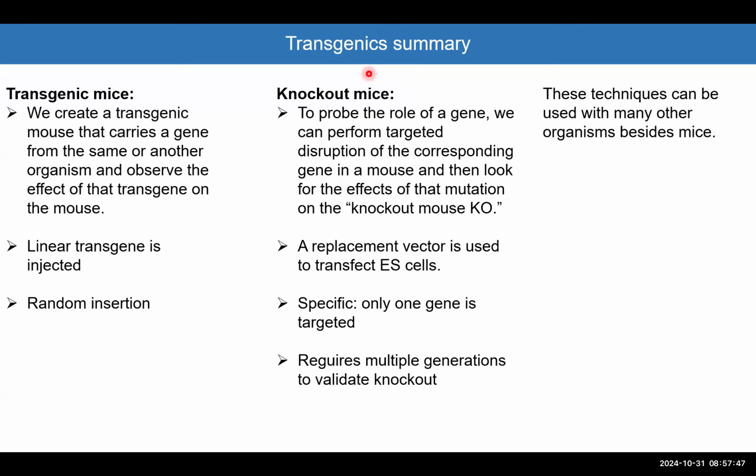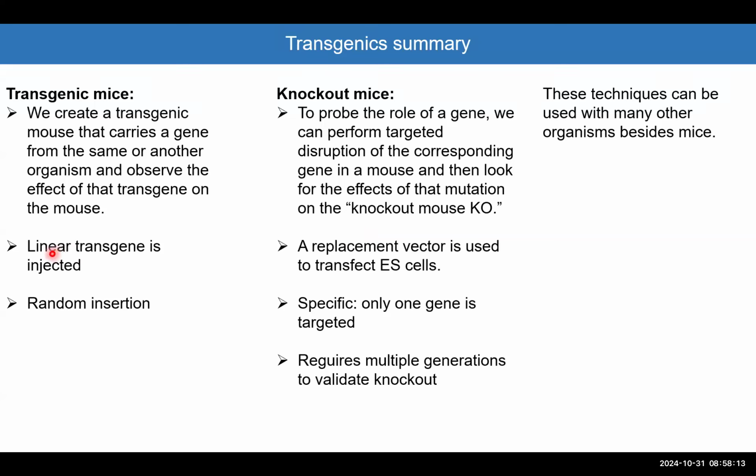And it's widely accepted that the knockout process is more laborious because you have 2 times to isolate embryonic stem cells, and you have to make sure your replacement vector has been generated and validated. So the replacement vector is transfected into the embryonic stem cells.